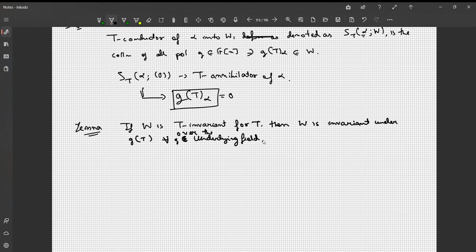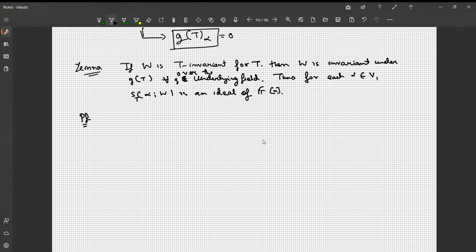So this eventually tells us that for each alpha in V, the set S_T(alpha; W) is an ideal of F[x]. Obviously, F is the underlying field of the vector space.